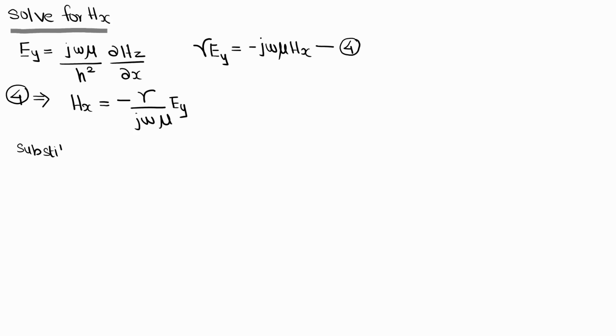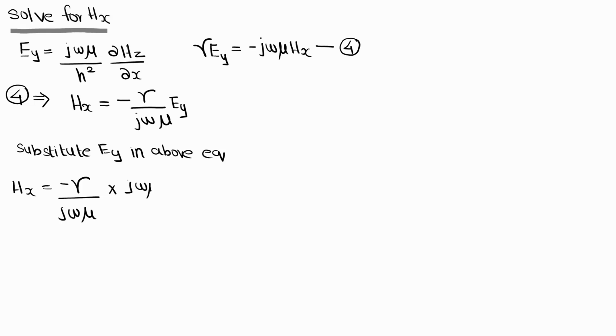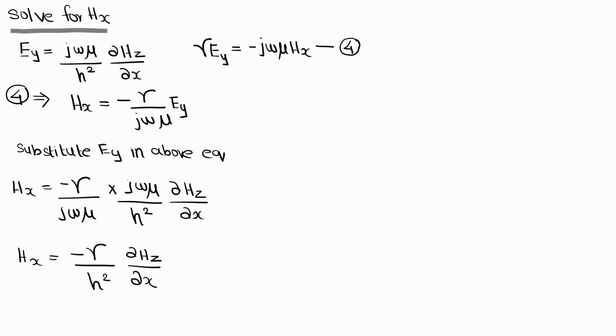Substituting Ey in the above equation, that is Ey equal to j omega mu upon h square dou Hz upon dou x, that is Hx equal to minus gamma upon j omega mu into j omega mu upon h square into dou Hz upon dou x. So cancelling the j omega mu component, Hx equal to minus gamma upon h square dou Hz upon dou x. So we have got the equation for the field component Hx.